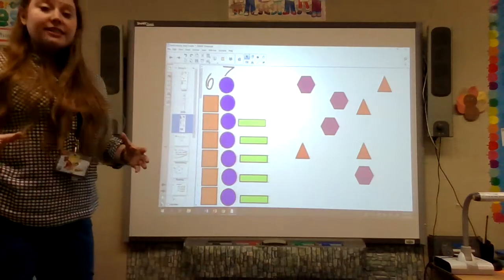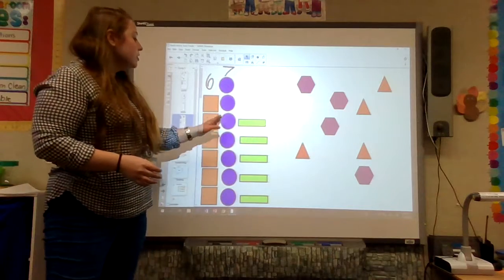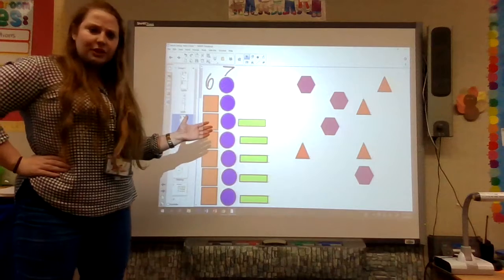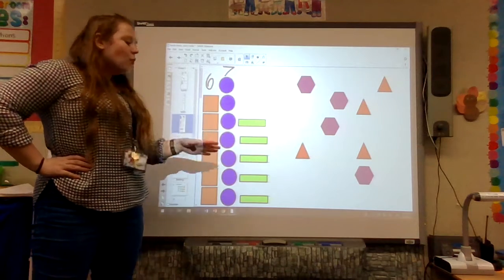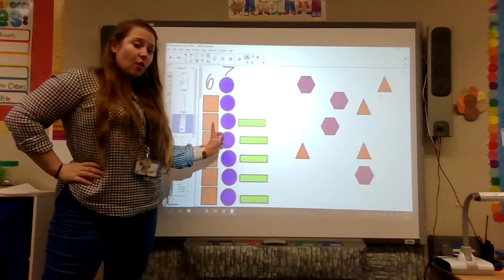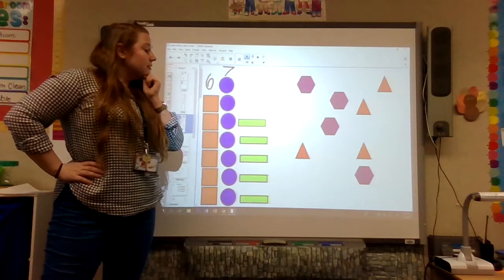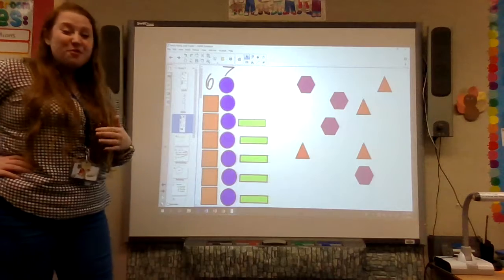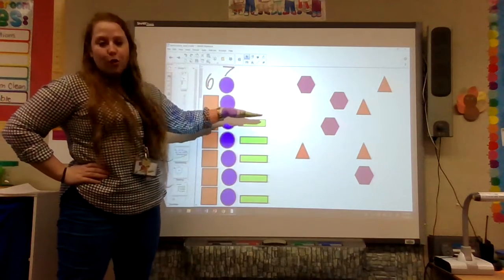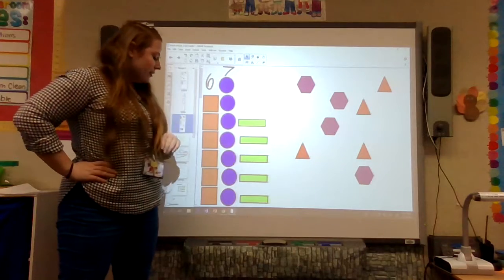All right, let's compare my rectangles to my circles. Look at that information that we just found. Which one is less, the rectangles or the circles? I can tell even before I counted that the rectangles is less because it is shorter than my column tower.